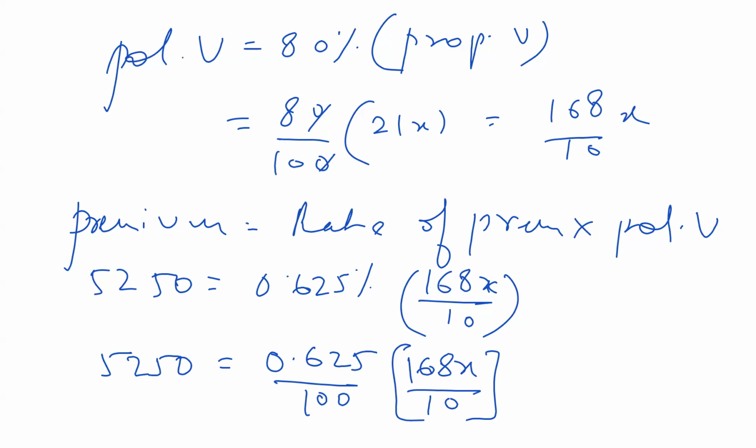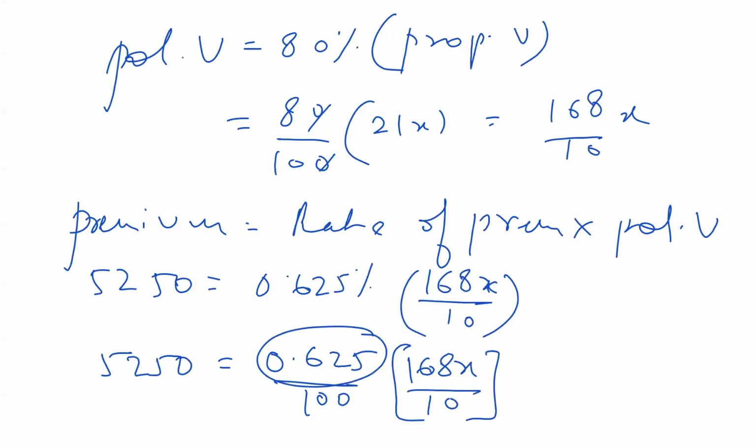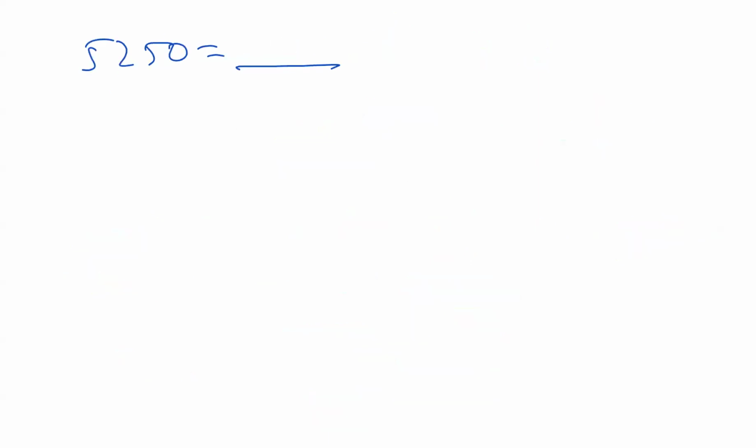So to adjust these decimal digits, we'll put three more zeros in the denominator. So 5250 equals 625 upon a total of five zeros into 168x upon 10.